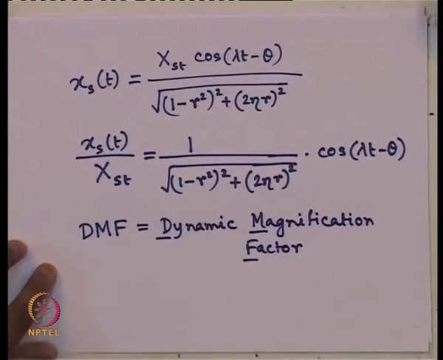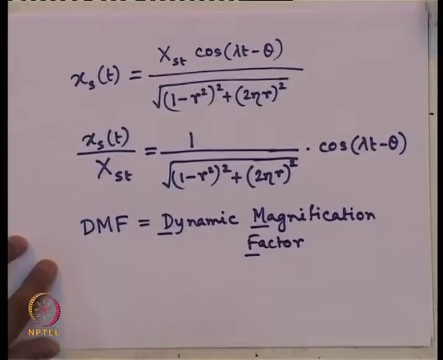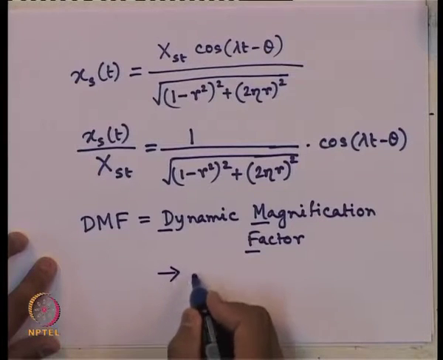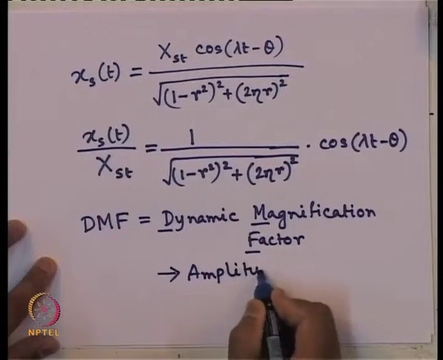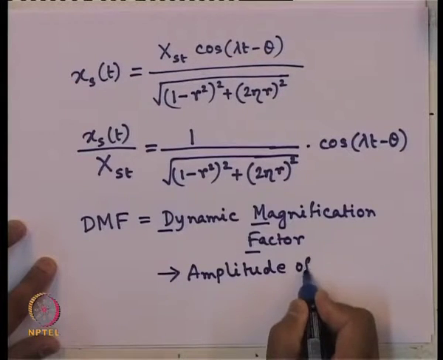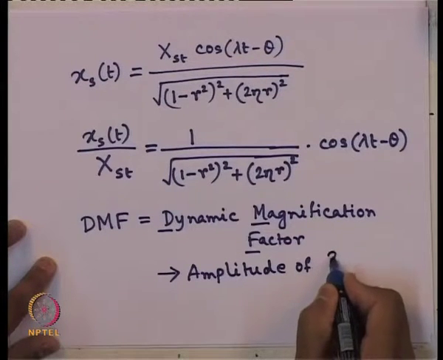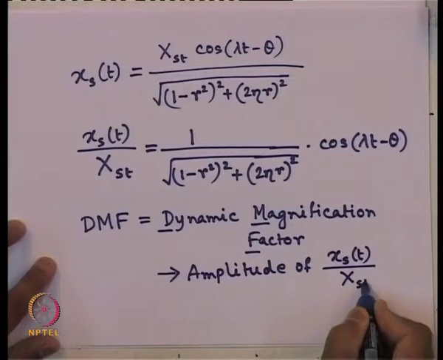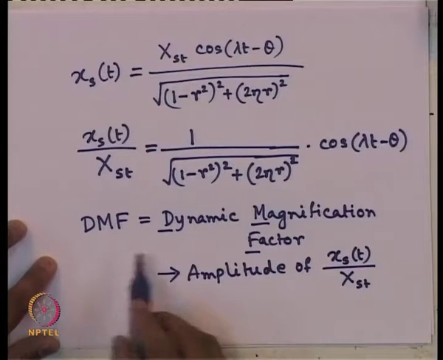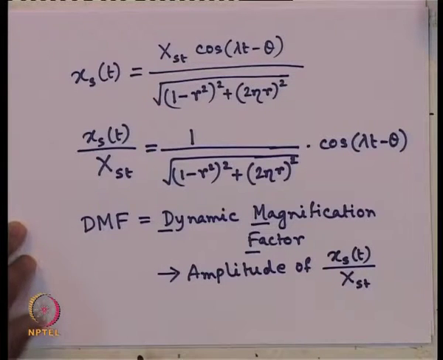So, what is the definition of dynamic magnification factor? It is the amplitude of this ratio of steady state displacement to the static displacement, that is defined as dynamic magnification factor.